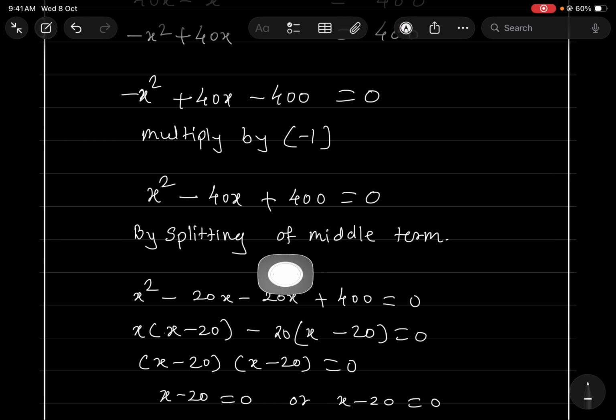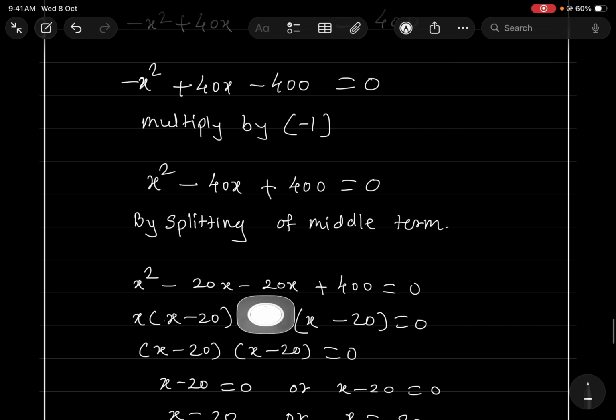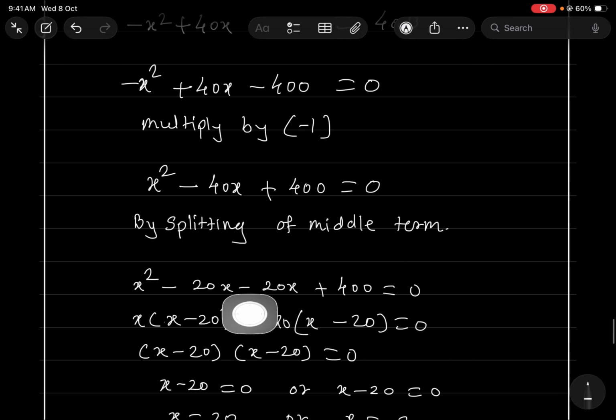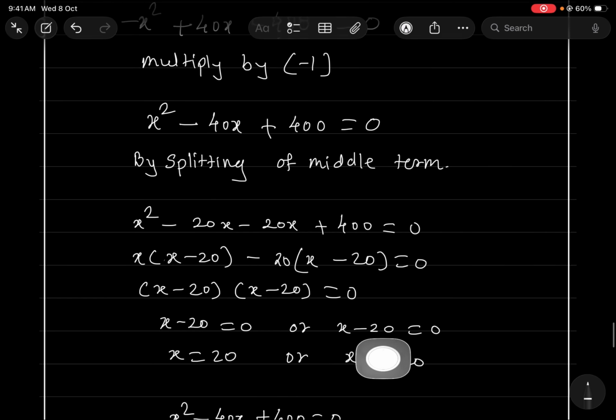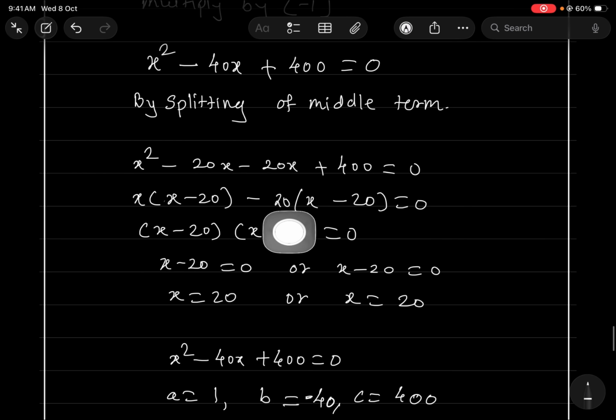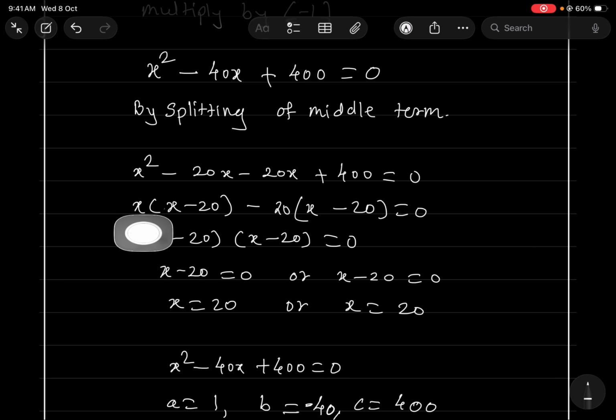You can solve this by splitting the middle term, because it is possible here. See, 20 and 20: minus 20 minus 20 is minus 40, and 20 into 20 is 400. Taking x outside the bracket, x minus 20 inside, and then minus 20 outside, equals 0.